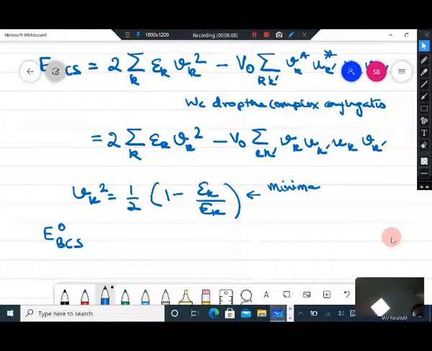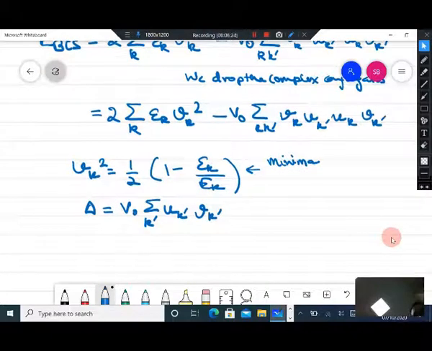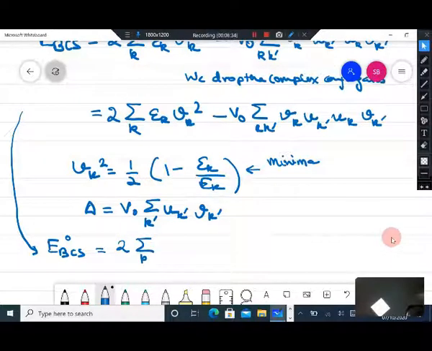and of course before we do that, you also use the expression that delta is equal to V naught summation over k prime Uk prime Vk prime. Okay, so you can also use this expression. So therefore we can write E_BCS 0, which is the ground state energy, as twice the summation over k Ek (1 minus Ek by capital Ek) minus this double summation over k and k prime.